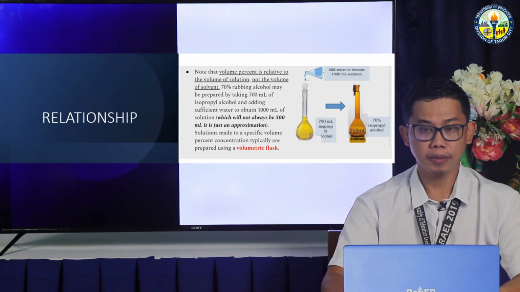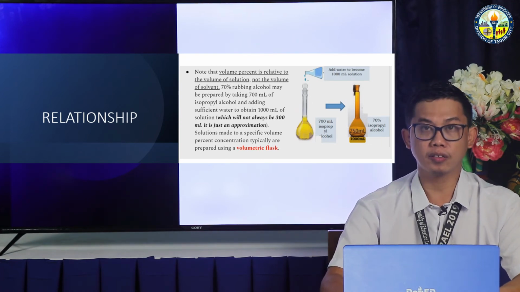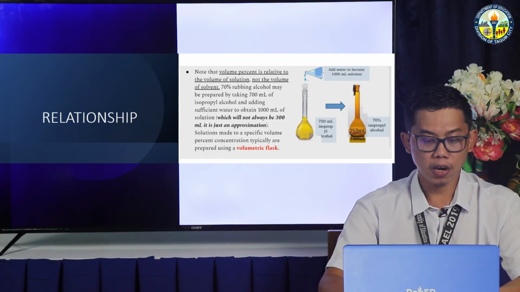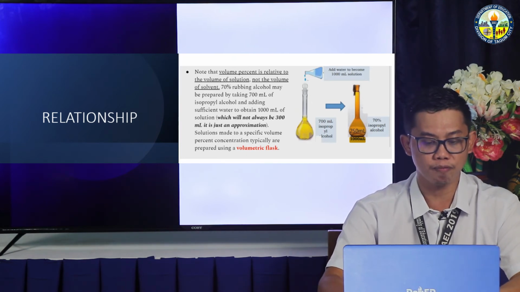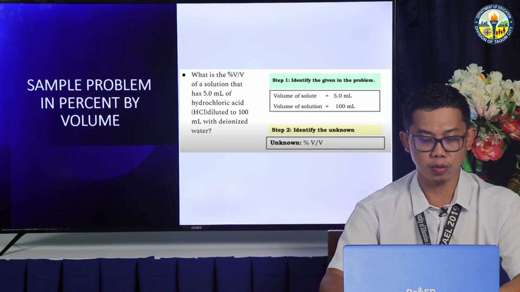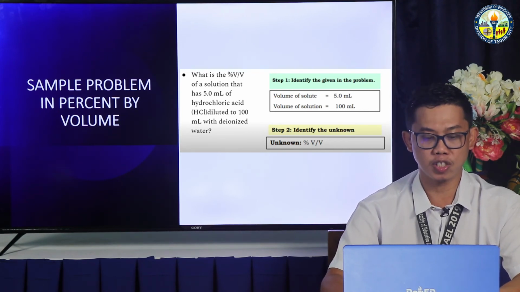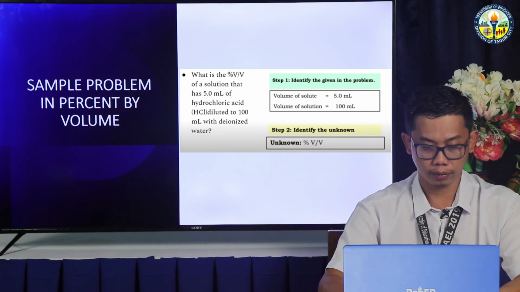A solution made to a specific volume percent concentration typically is prepared using a volumetric flask. Here is our example problem in percent by volume. What is the percent by volume of a solution that has 5.0 ml of muriatic acid diluted to 100 ml with distilled water?